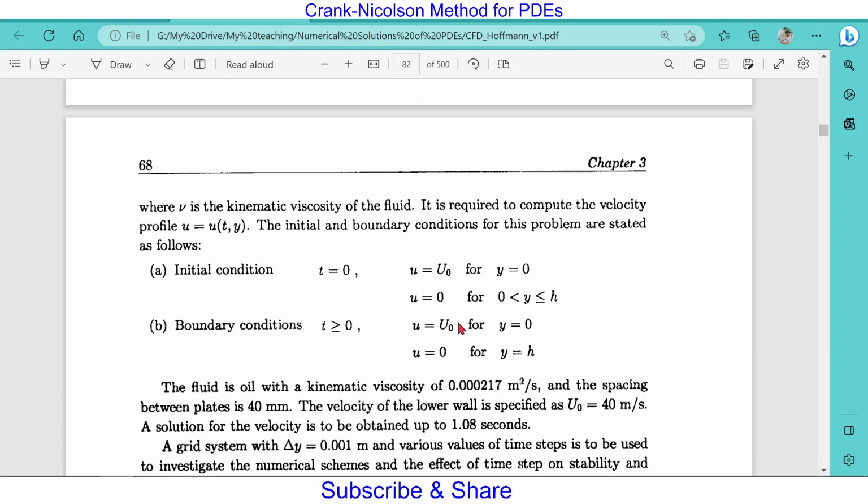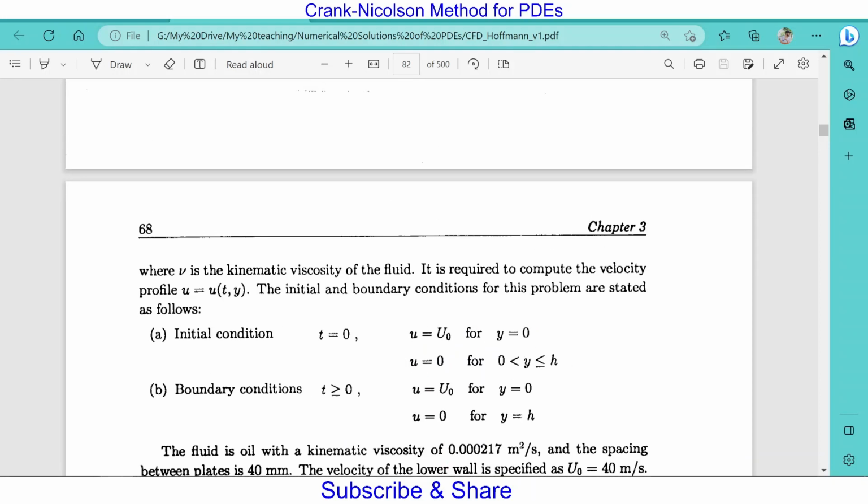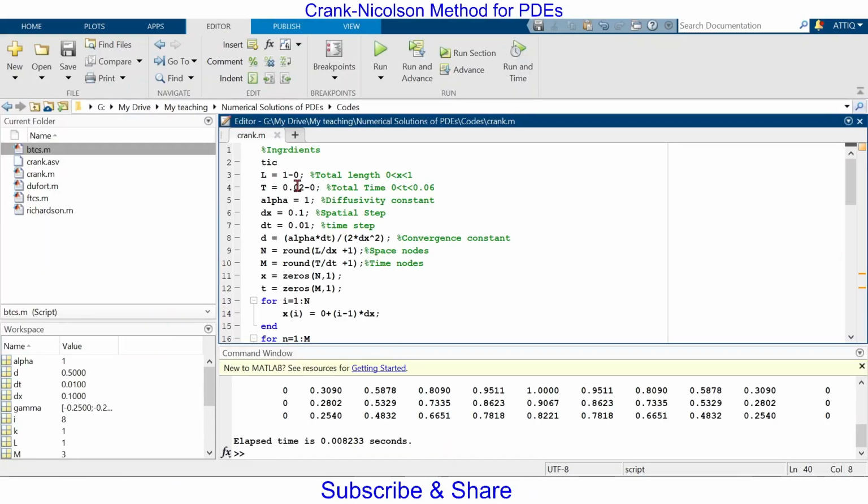So in this example we have initial condition and boundary conditions like this. So for initial conditions, for boundary condition at y is equal to 0. Okay, let's first define all these things step by step.